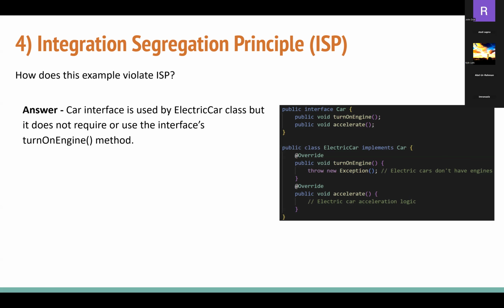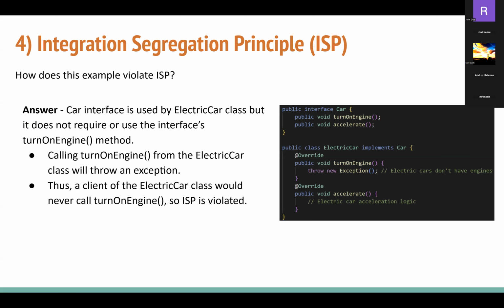So basically car interface is used by electric car class, but it doesn't actually use the turn on engine method. It just throws an exception if you're calling turn on engine from the electric car class, right? And thus a client of electric car class would never realistically call turn on engine, and ISP is violated.